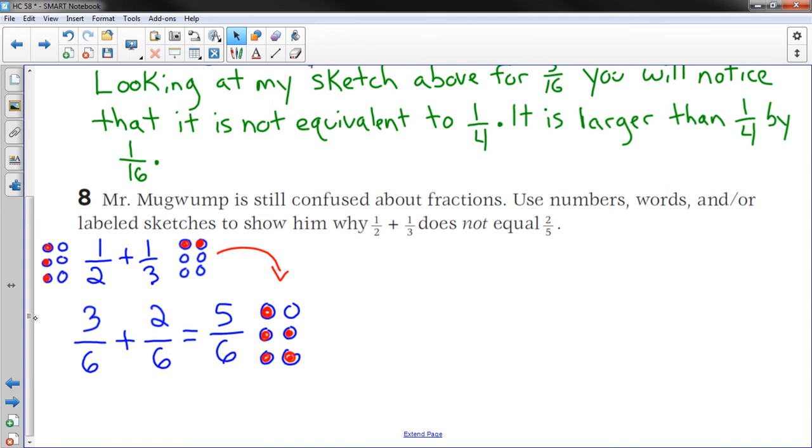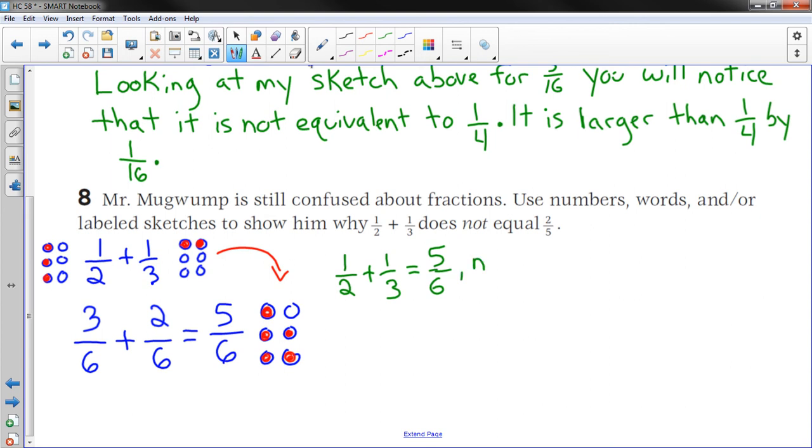So you could add on to this and say 1/2 plus 1/3 is equal to 5/6, not 2/5. Or you could even explain more if you really wanted to.